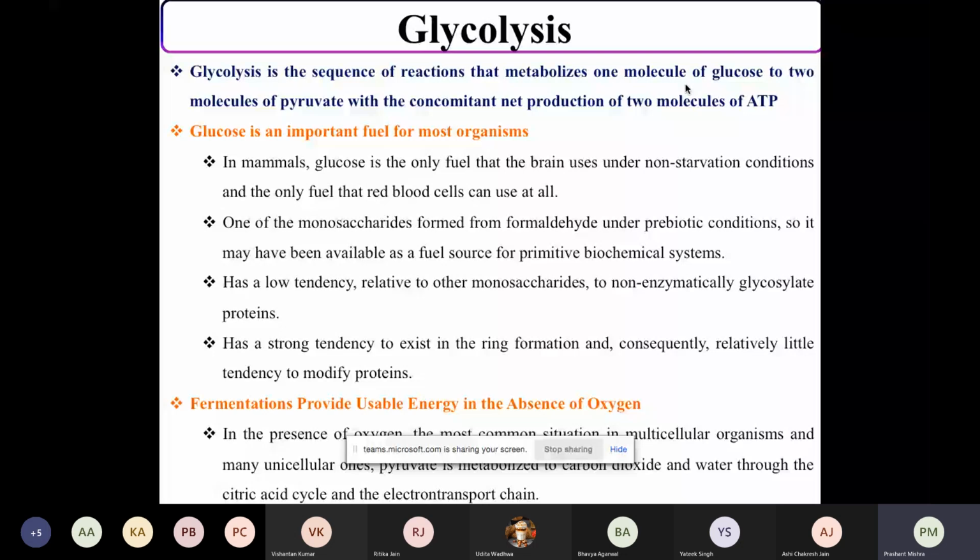But glucose has a very low tendency. When I say low tendency, it does not mean they will not form a bond with the protein molecule. Do you recall anywhere where glucose can interact with the protein?